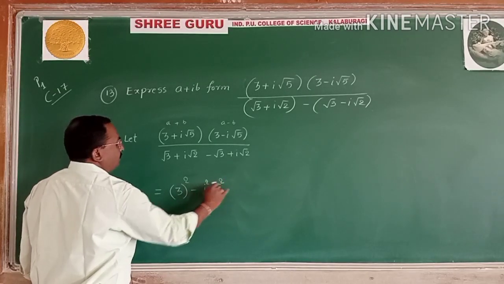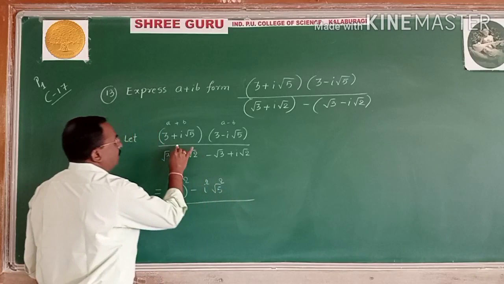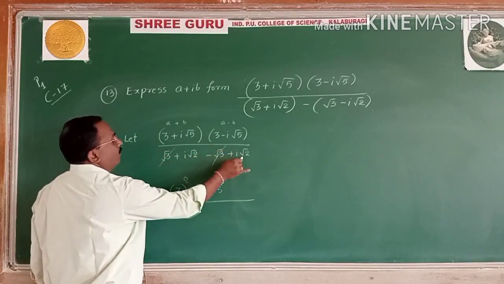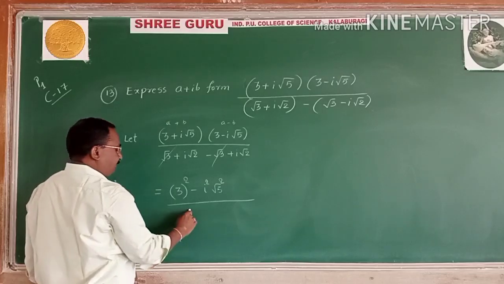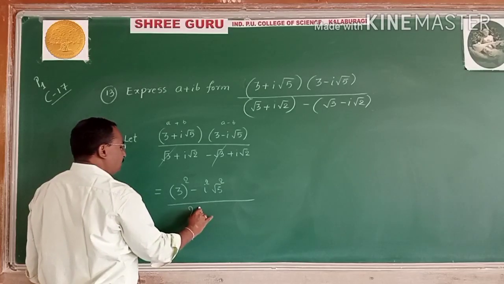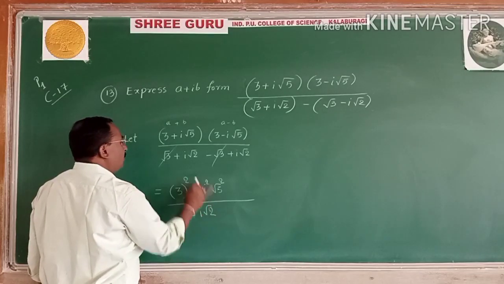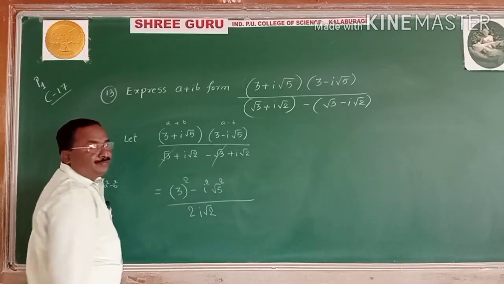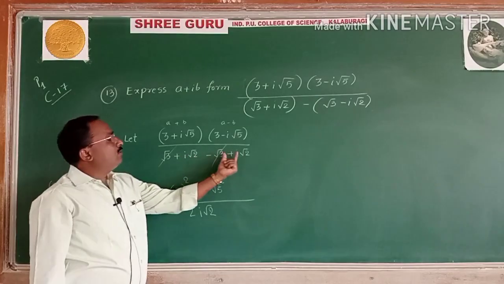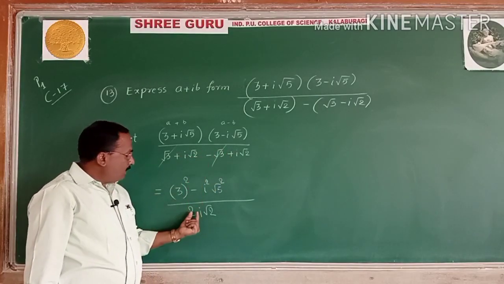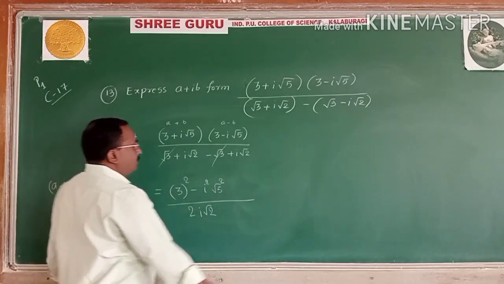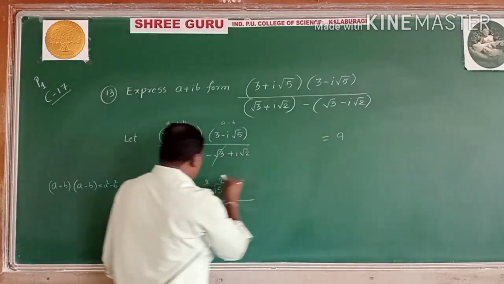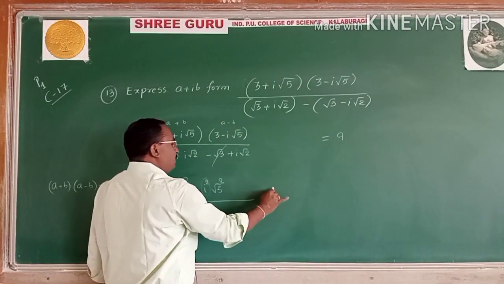A square minus b square whole divided by: root 3 positive and negative get cancelled. One time, total how many times? 2 times i root 2. 1 times i root 2, 1 times i root 2, total 2 times i root 2. That is 3 square is 9.